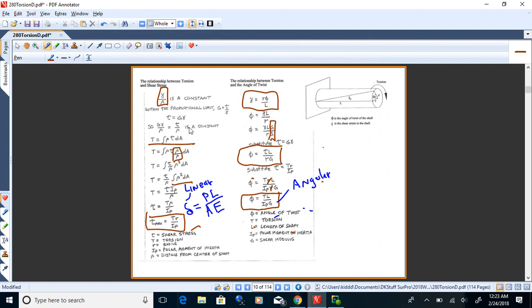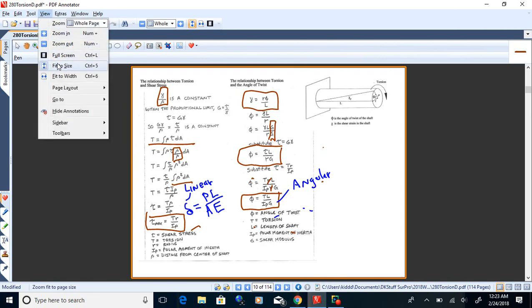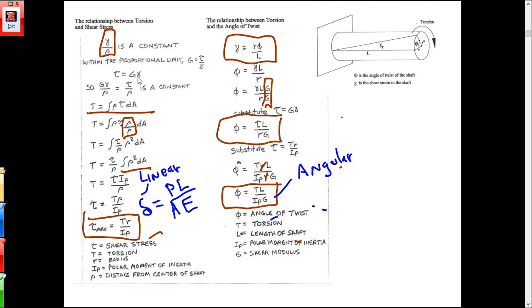So we can develop a couple of equations here that we can use. When we work through these, we want to realize that the shear strain gamma over rho is a constant. And within the proportional limit, G is tau over gamma.